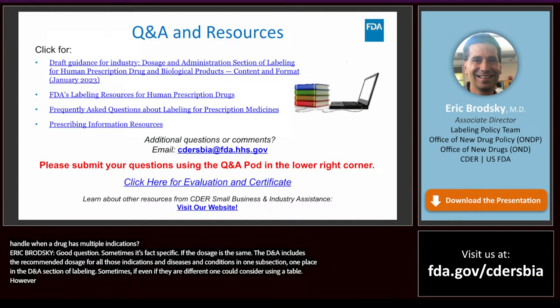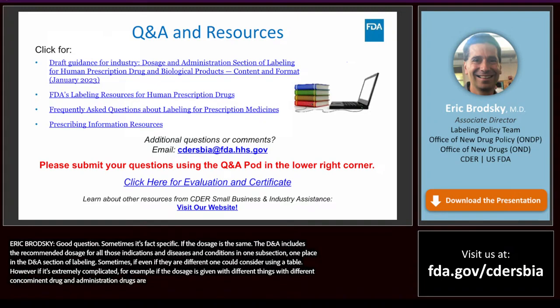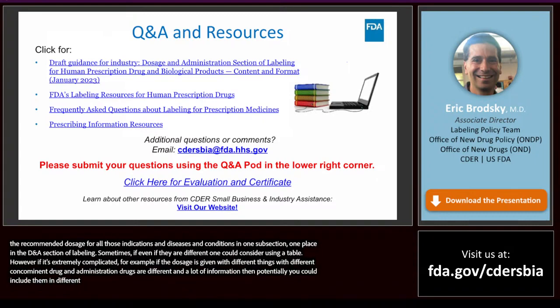However, if it's extremely complicated, for example, if the dosage is required to be given with different concomitant drugs, if the administration instructions are different, and there's lots of information, then potentially you can include them in different subsections. So it's really a data specific question. Thank you.